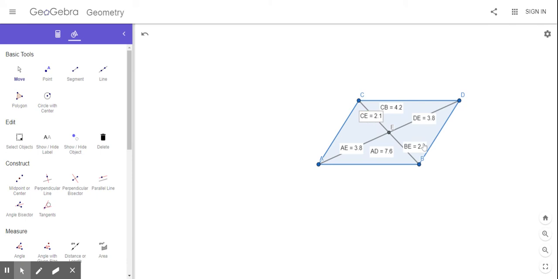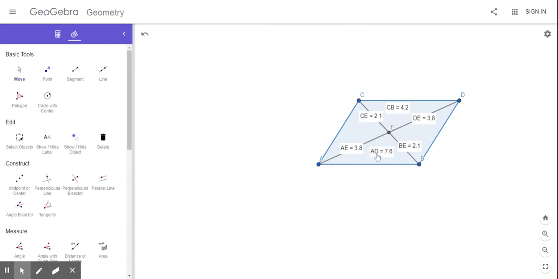So now I'll scooch these two where they go. Okay, so CB, C to B, that's the entire diagonal, and it was 4.2. And then I measured the two pieces. They were both 2.1. So again, this entire diagonal has been cut in half.